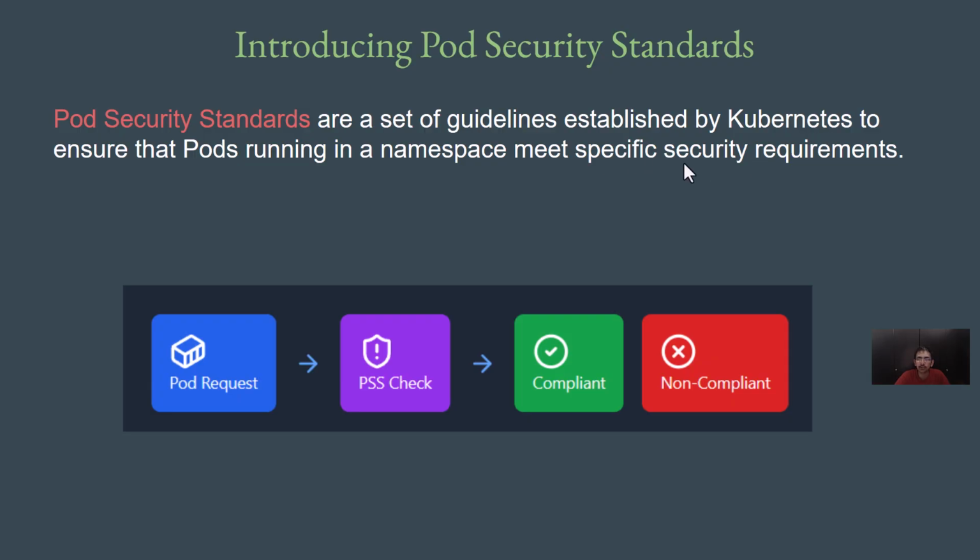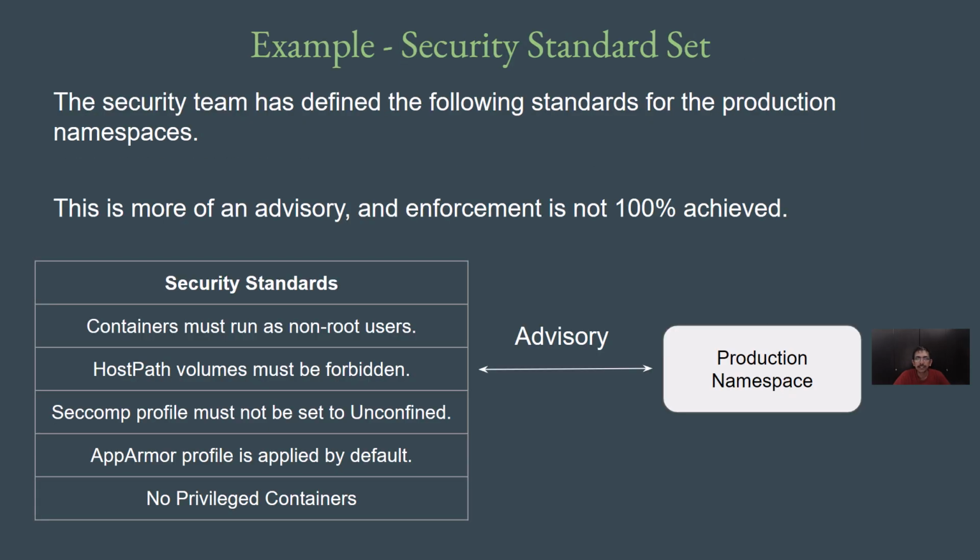We'll be discussing what exactly these requirements are. So ultimately, the pod security standard is something similar to the security standards that you see over here. Again, it is quite more extensive, but whatever pod tries to get scheduled will be verified against the security standard and also the pod security policy that is being set. And based on that, it will be either allowed or blocked.